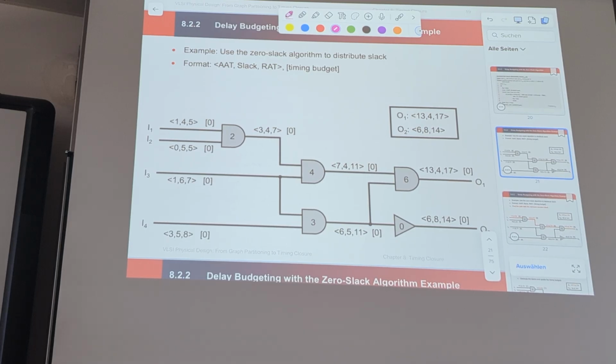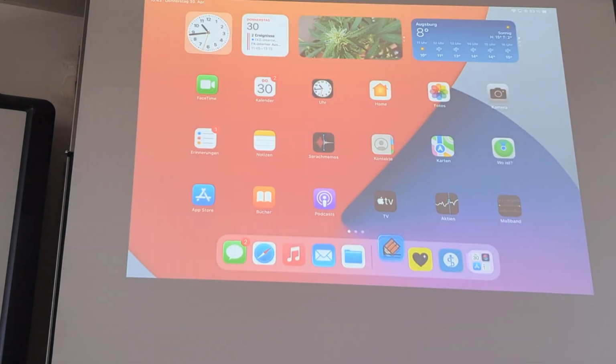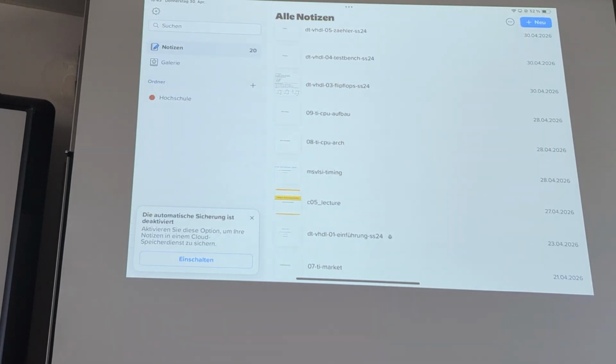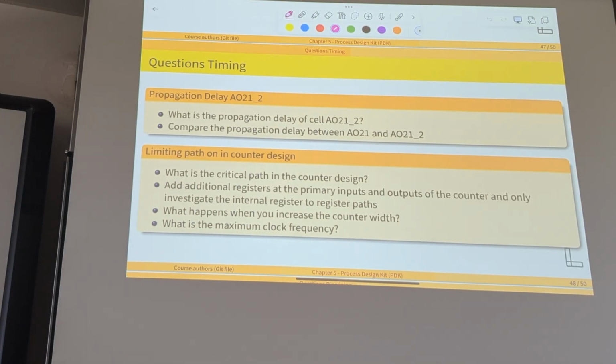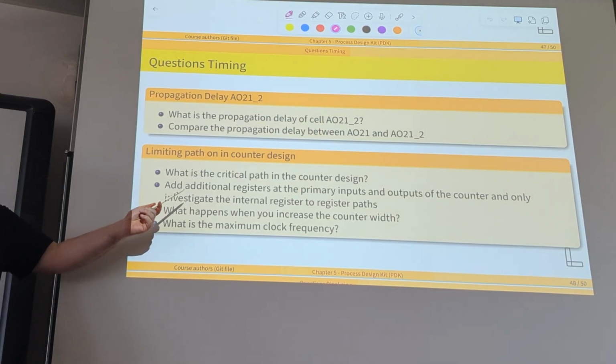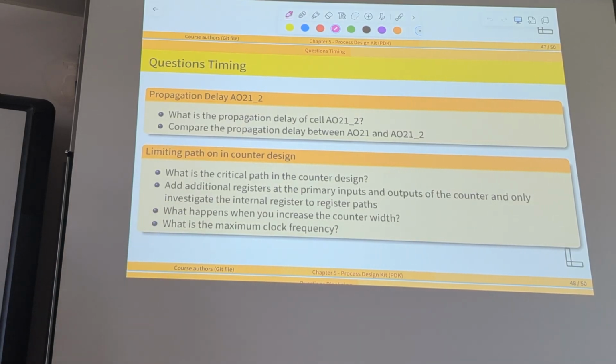Today we'll look at the timing of the counter. So you can run the counter, and we do the stuff mentioned last time. What is the critical path in the counter? You add primary input and primary output registers, and just do it. And look at the counter design. Does everybody know how to add the registers at the inputs and outputs?